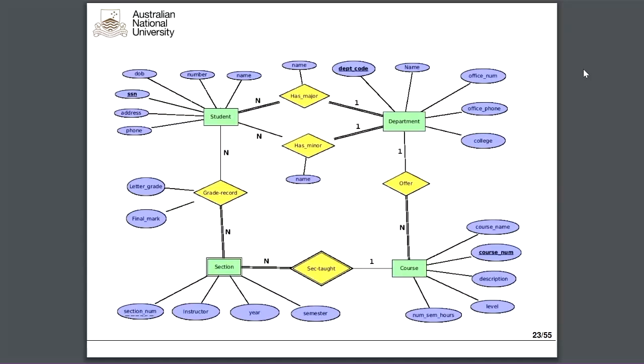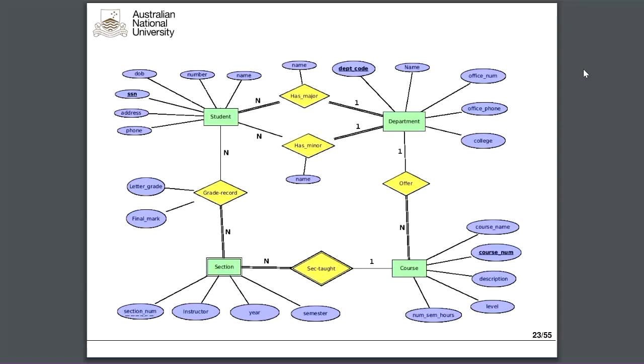Now, for example, we take a look at this piece, right? Like, say, department. So the department is one entity. You have a box, and then there's a department code that has an underline.